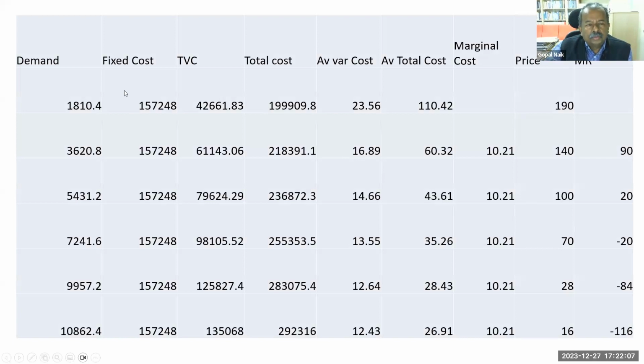And we have looked at the cost component in this VWSC, in this habitation. There are 103 households in this, and the number of people is 496.